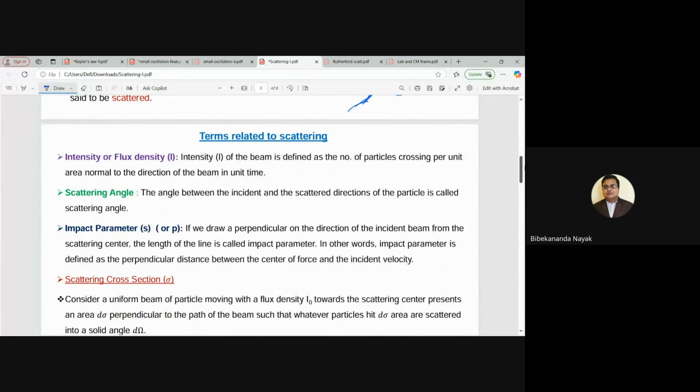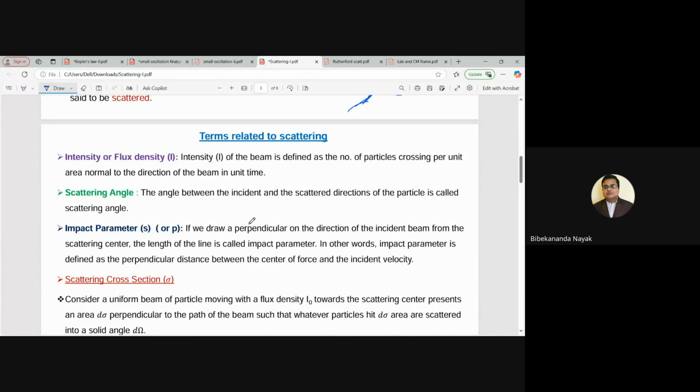There are some terms associated with scattering. One is intensity or flux density: the number of particles in the beam coming per unit area, per unit time. Scattering angle: the angle between the incident beam and the scattered beam.